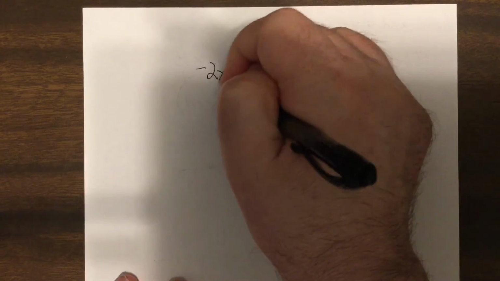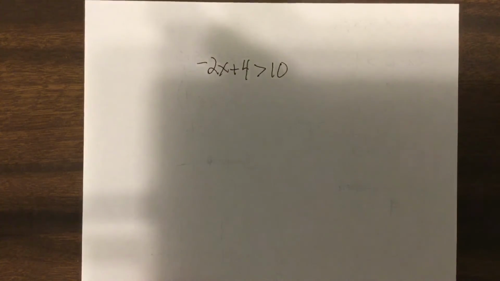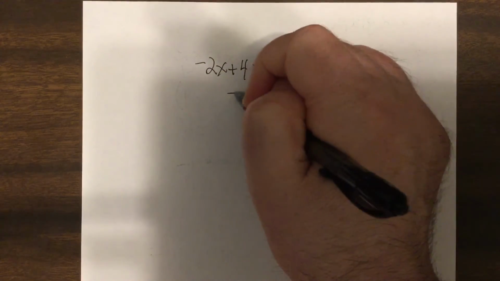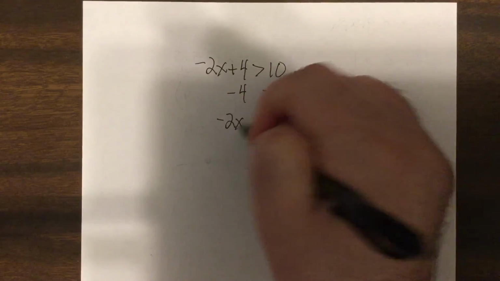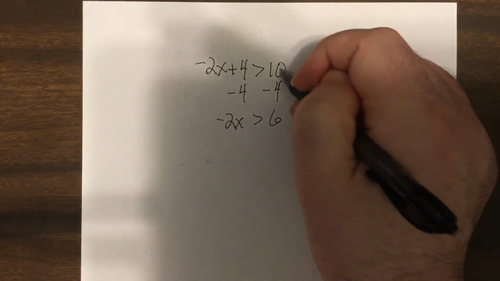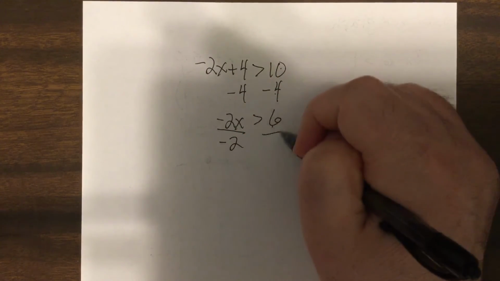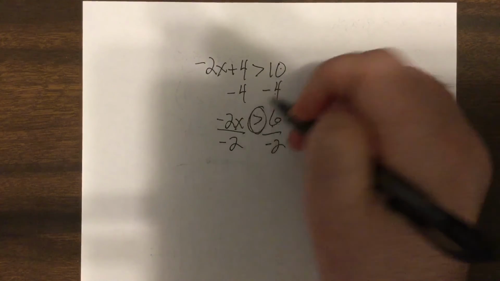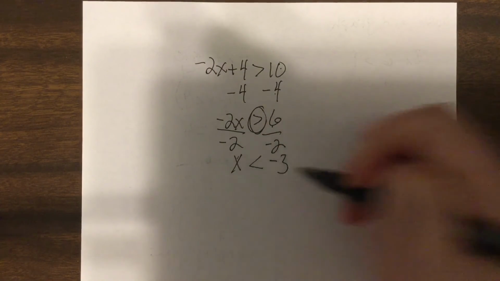So if I have this problem, negative 2x plus 4 is greater than 10. So I start off, I subtract 4. So I'd have minus 2x is greater than 6, 10 minus 4. But when I divide by a negative 2, I must also switch the inequality, so it'd be x is less than negative 3.